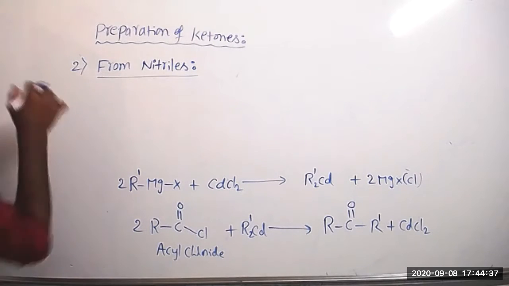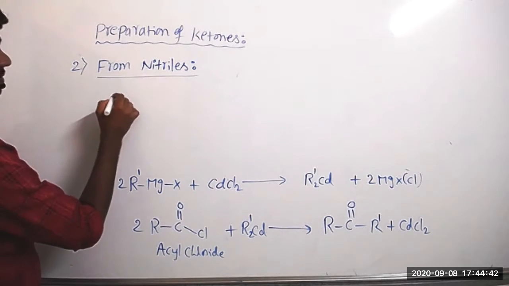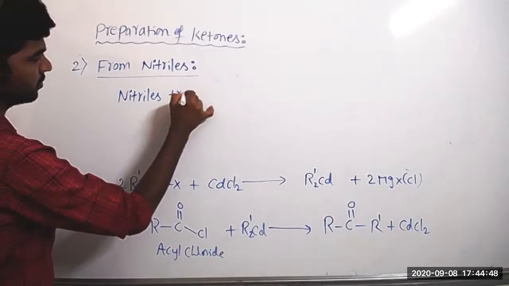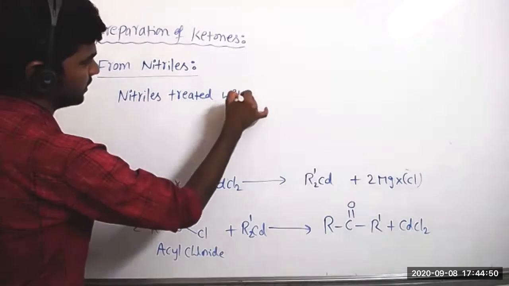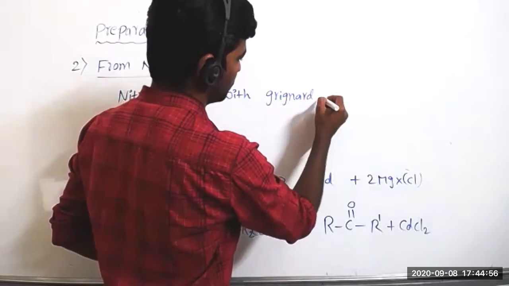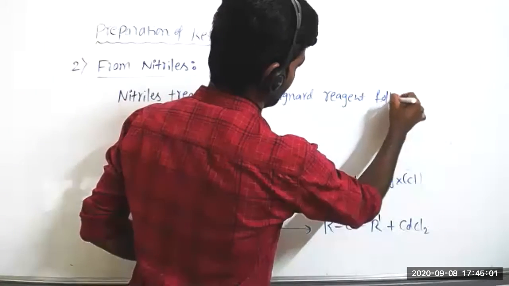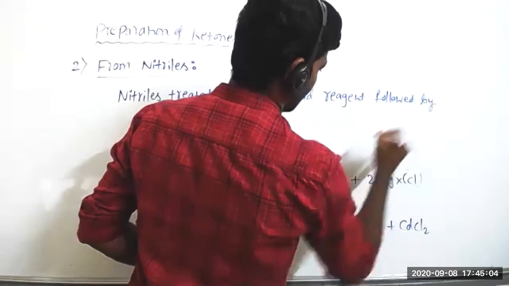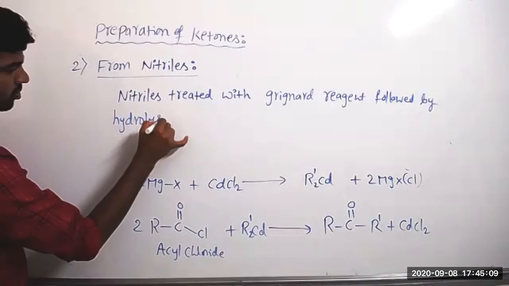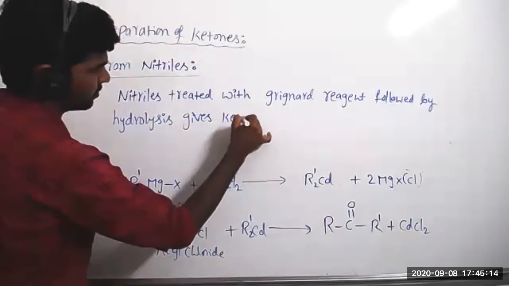Here nitriles are treated with a Grignard reagent followed by hydrolysis, which gives ketones.